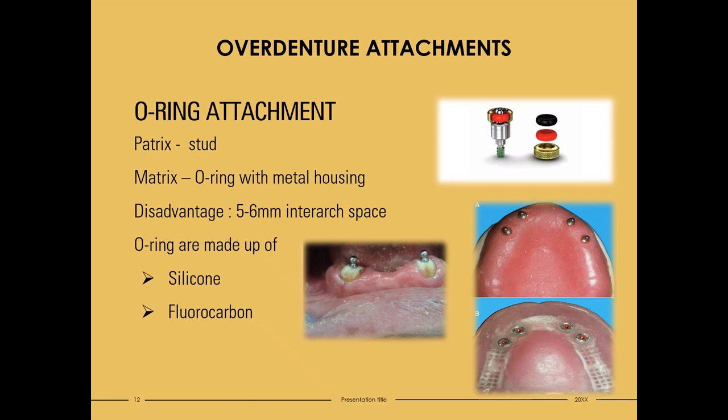The main disadvantage in this system is that a lot of interarch space is required for the stud, and also an additional 2 mm is needed above the housing in order to avoid perforation through the denture base. And these O-rings are made up of silicon, nitrile, fluorocarbons, etc.